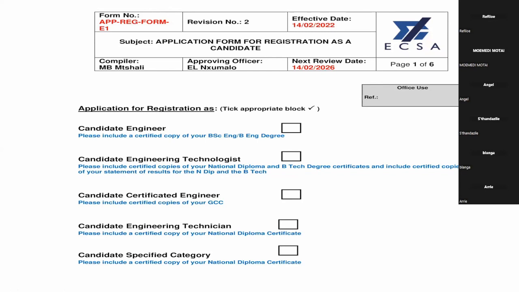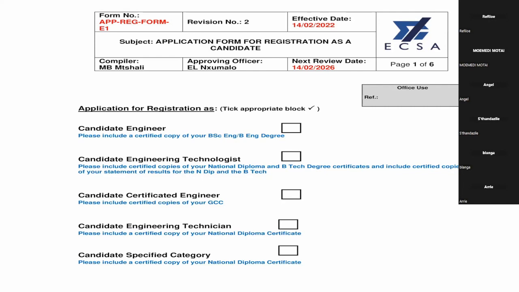So you have to give a certified copy of your degree. Candidate engineering technologist, it will be your BTech, or your national diploma, advanced certificate, and then your BEng Tech. You just give certified copies of that.